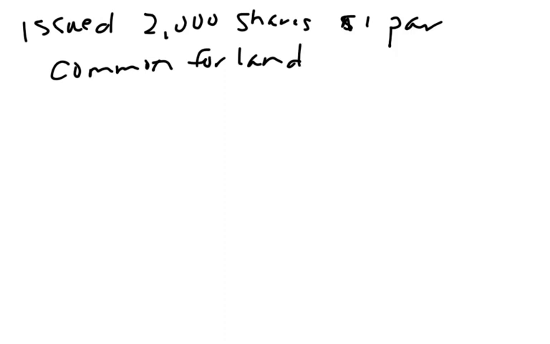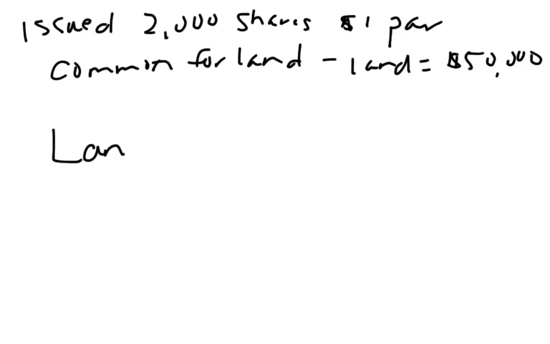And let's say that the land value was $50,000. So let's record this. Well, we got land. So we're going to increase or debit the land account for $50,000. Market value of the land. This is our best market value that we knew.